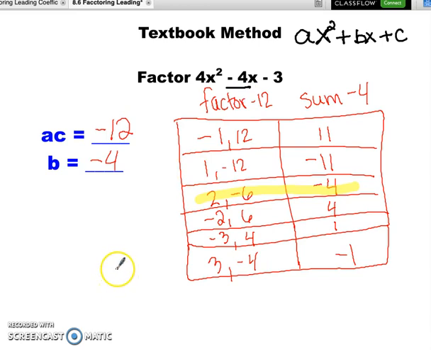So when we do that, we are going to break this up, and we're going to use what I call the grouping method. And we're going to group the certain things together. So does the 2 have something in common with the 4 or the 3? So we're breaking this term right here up into 2 different terms.